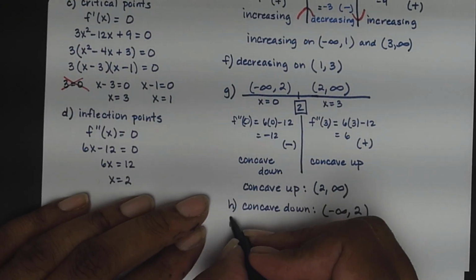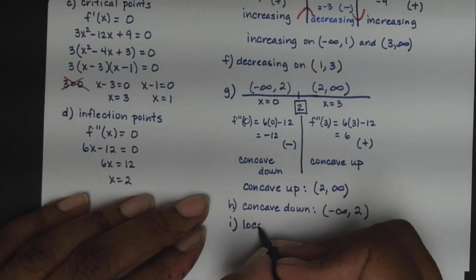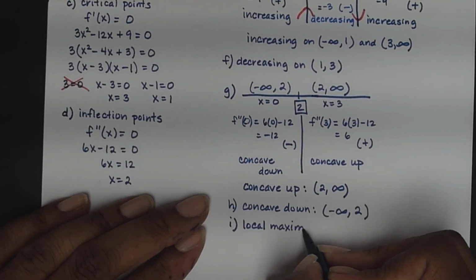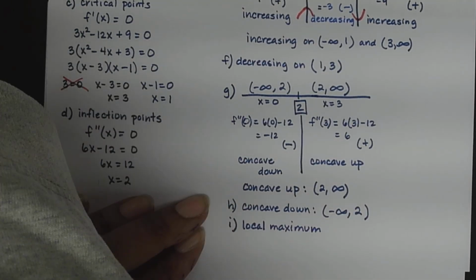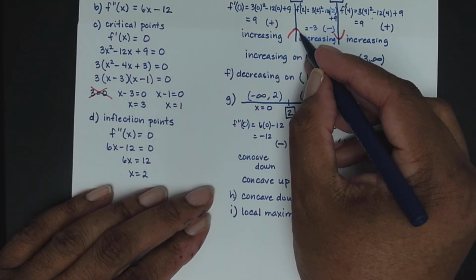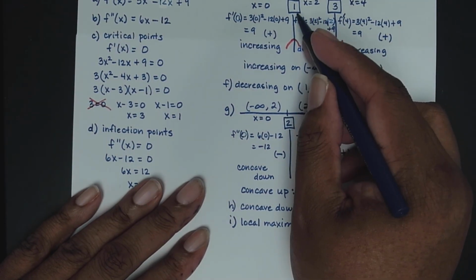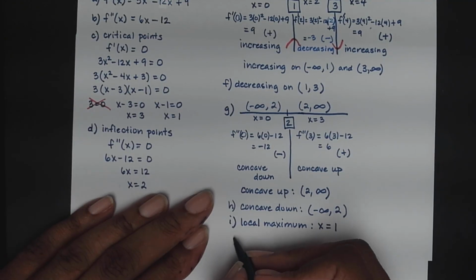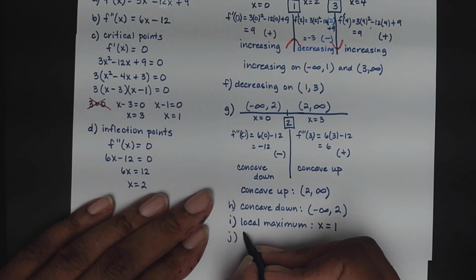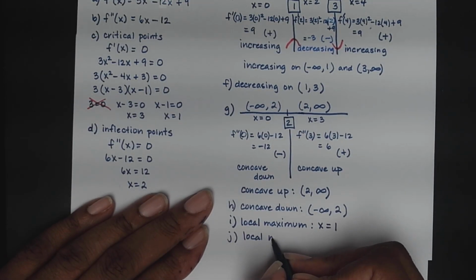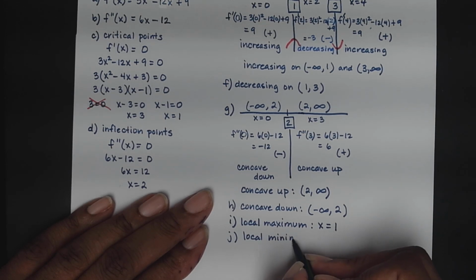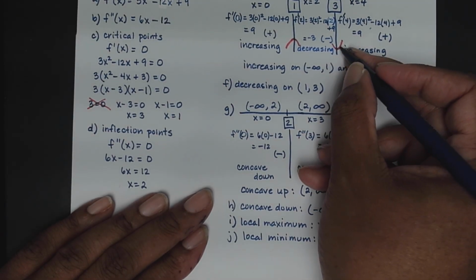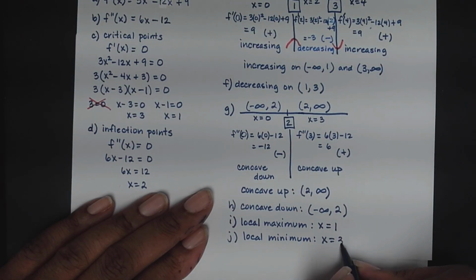So for part I, your local maximum, there's only one, will be at x equals 1. And then your local minimum, which is part J, will be at x equals 3.